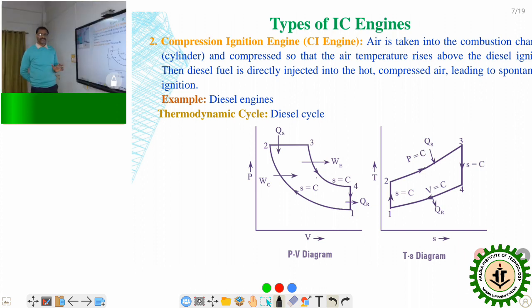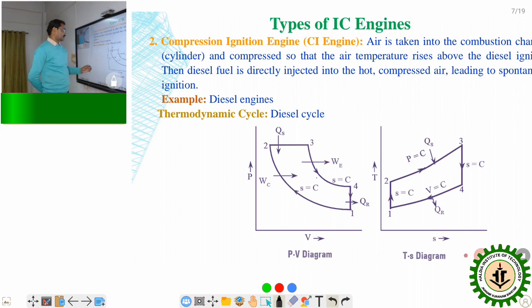After igniting the diesel, the pressure will increase greatly, and that pressure will push the piston, so the work is done. In the diesel cycle, similar to the Otto cycle, the compression from 1 to 2 happens in an isentropic process.